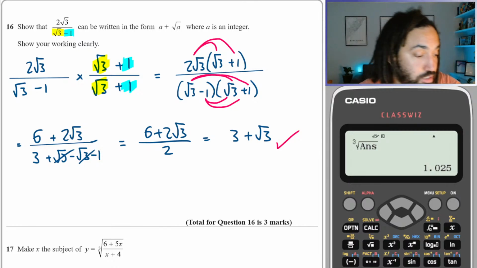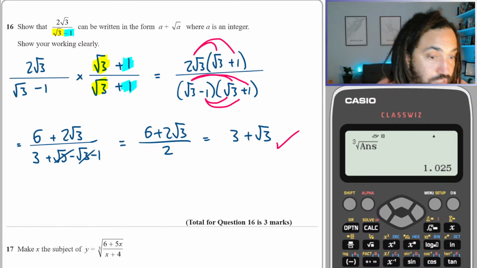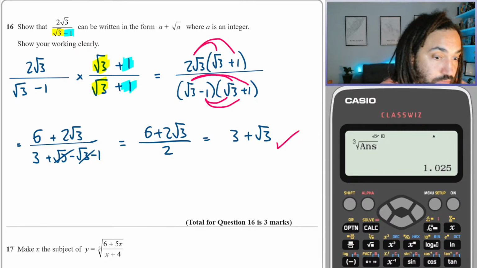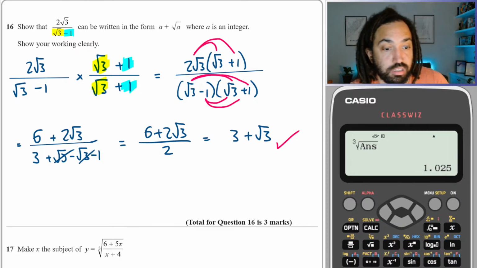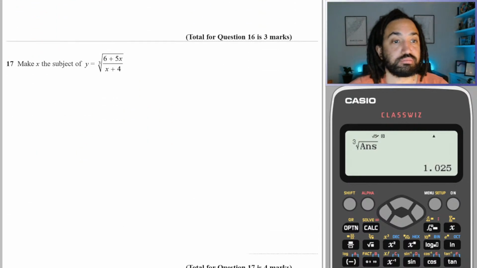Is it just right? Or is it hurry up, bruv? Okay, there we go. Am I going too fast? Is it just right? Or do I need to hurry up?